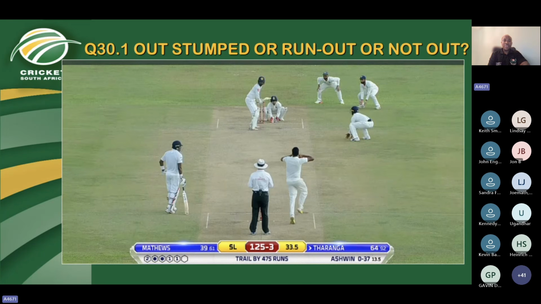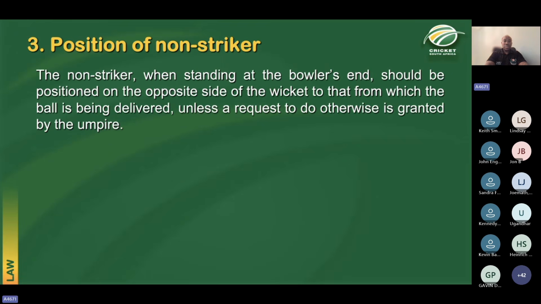I won't play the video, but you'll see here that the bowler, Ravichandran Ashwin, was bowling right arm around the wicket, and the non-striker, Angelo Matthews, was standing on the other side of the stumps, away from the bowler, no interference there. So that is what this law is telling us.